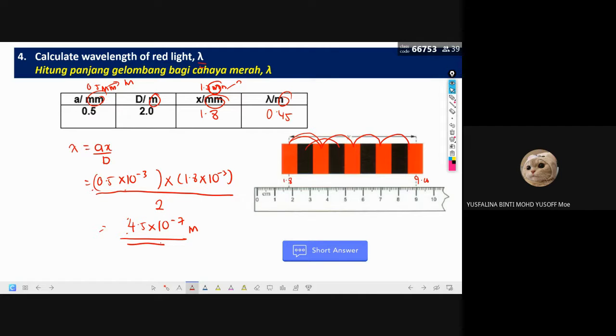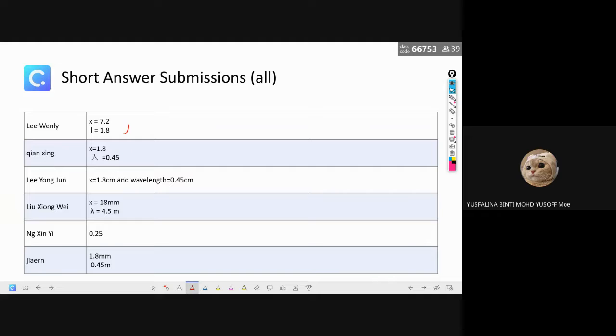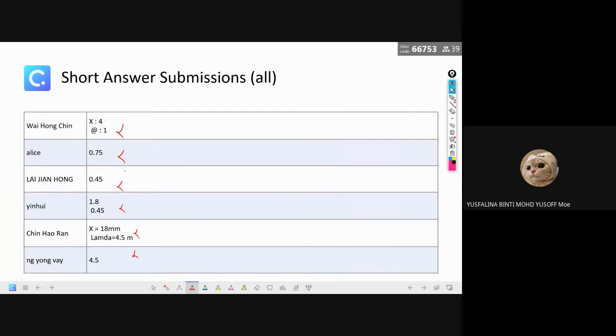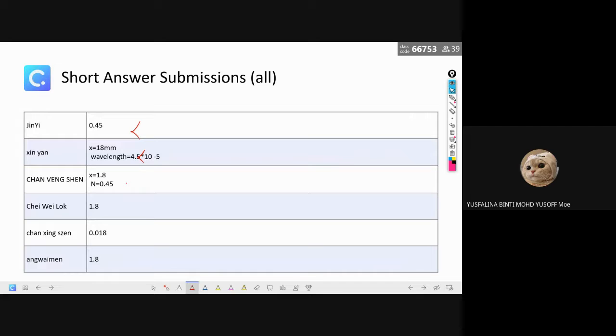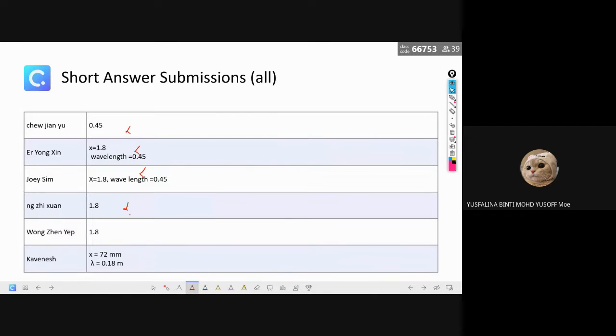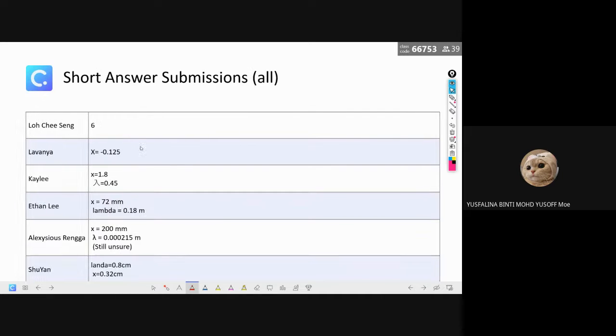So let's check if anyone got it correct. Can you understand this one? Some of you got 0.45, but you didn't change the unit. 10 power negative 5. Some I noticed got 4.8.